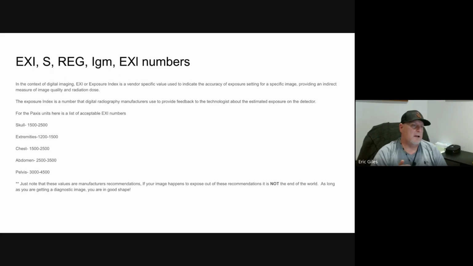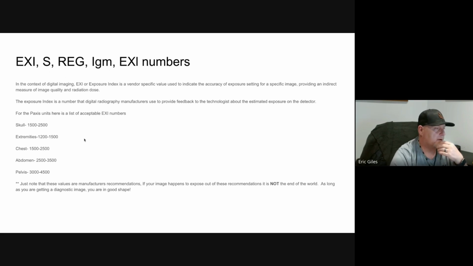Okay, so what happened is these vendors have come up with a number system to help us check the accuracy of our exposure settings, right? So here's a list of the exposure settings for the Paxis 100 unit.